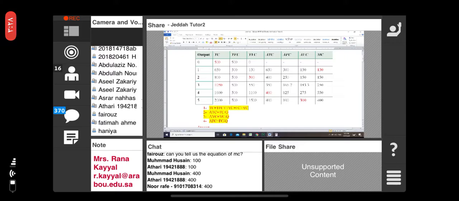By the way, there is one formula that's not written in your slides. I don't recall it being in your PowerPoint, but you can take it from the first one: total cost equals total fixed cost plus total variable cost. Likewise, average total cost is equal to average fixed cost plus average variable cost.